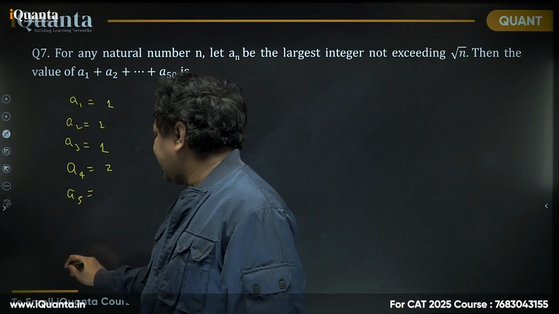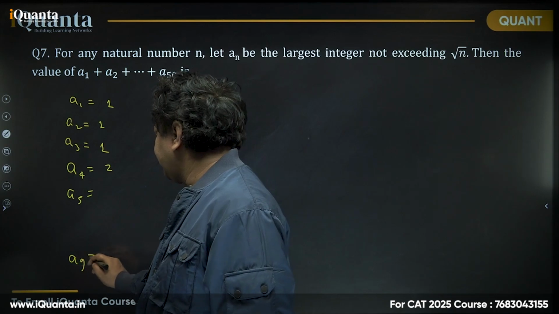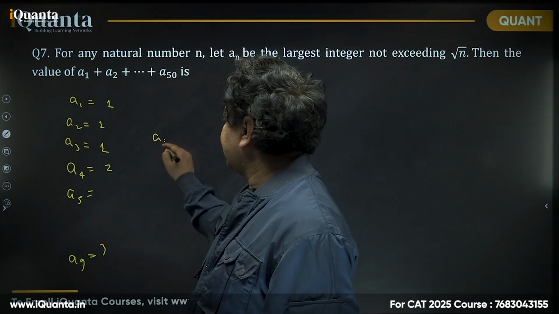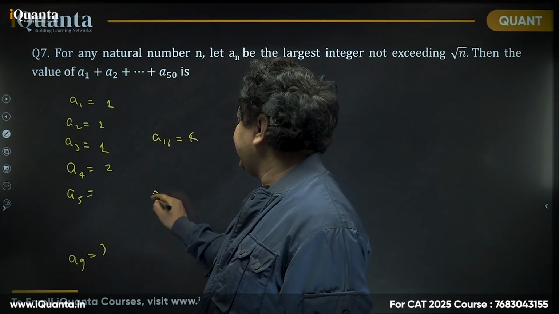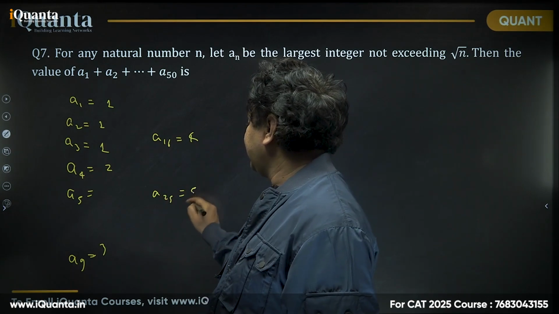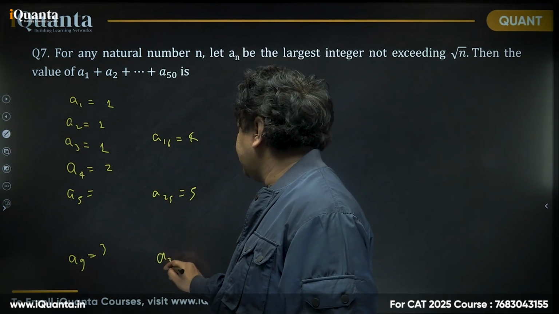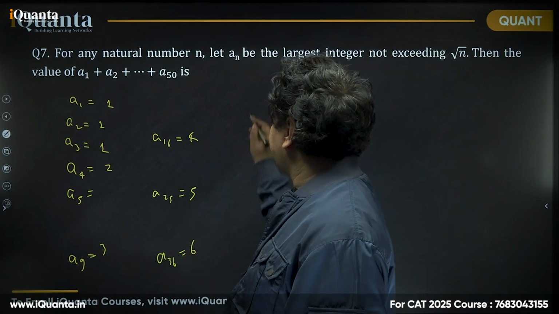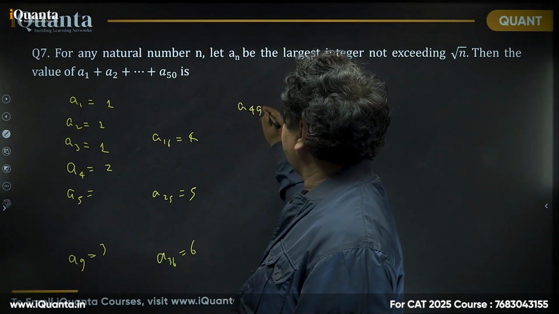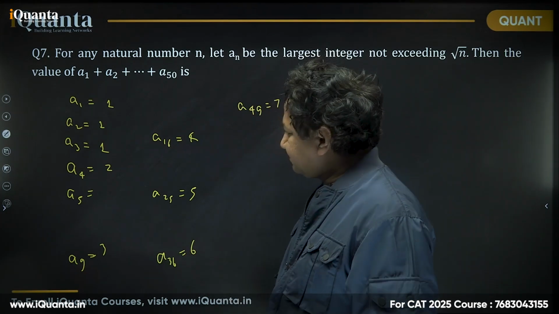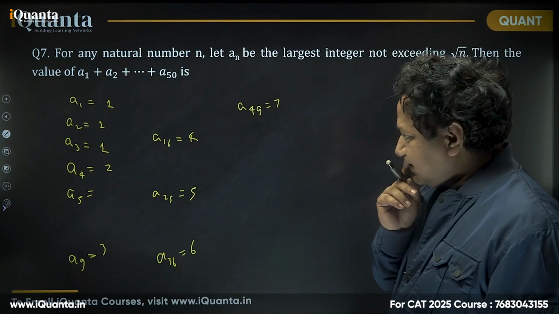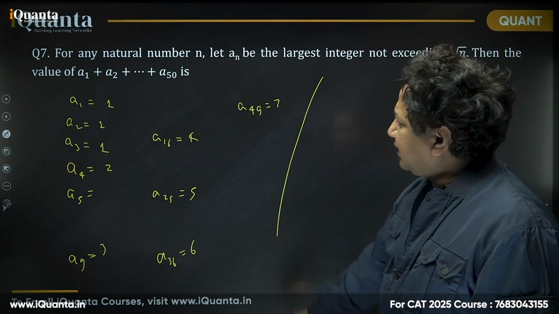We know that a9 will be 3, a16 will be 4, a25 will be 5, a36 will be 6, a49 will be 7. We got the idea, isn't it?